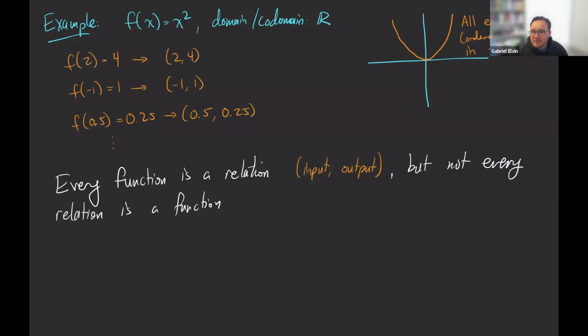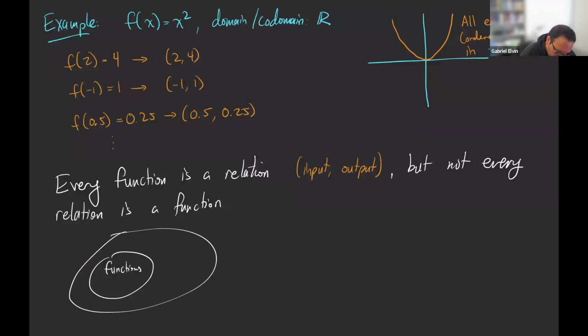Right, and so to connect this back to sets, or just to keep you remembering what we've been doing and making these connections, we can do a Venn diagram to illustrate this. The set of functions is a subset of the set of all relations. Right, and so this is a Venn diagram.